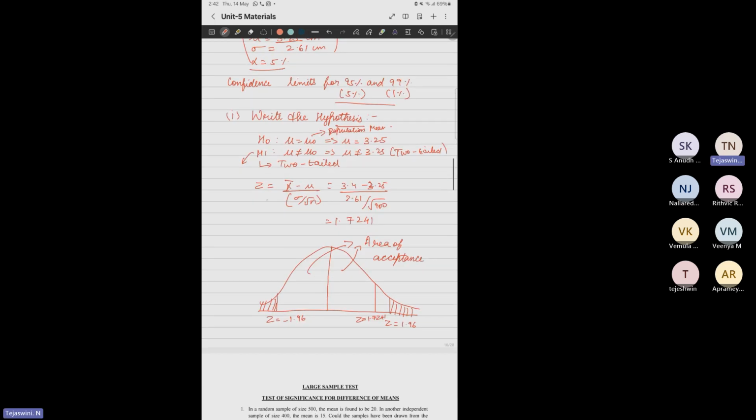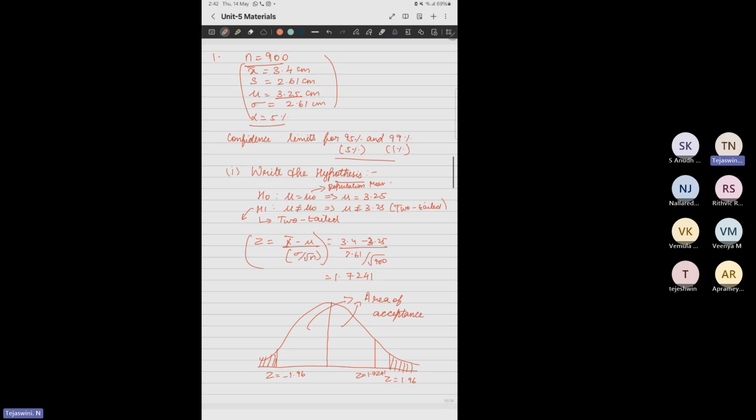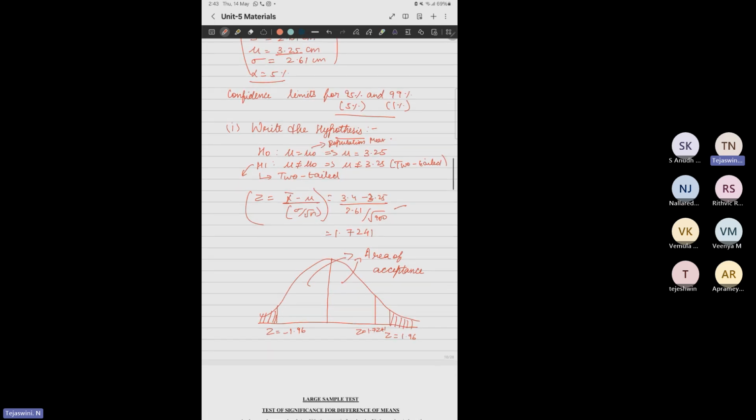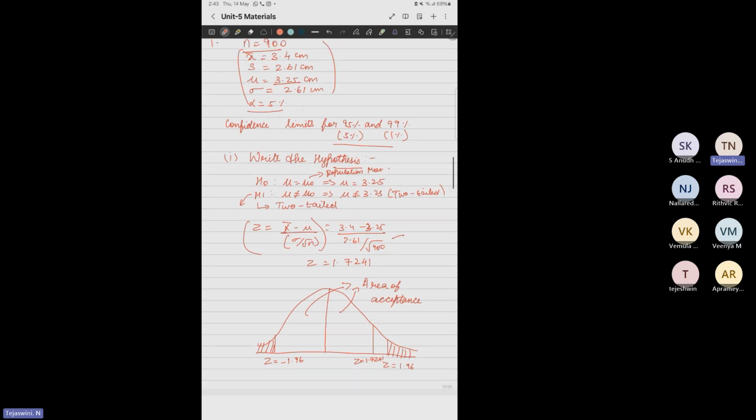And then this is the formula. Since we have sigma here, we are using sigma itself in this. x bar minus mu divided by sigma by root n. I have substituted and I got the value of z is equal to 1.724. For 5% level of significance, the value of z for two tail is 1.96.